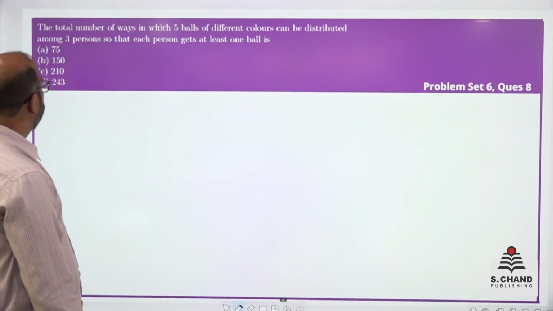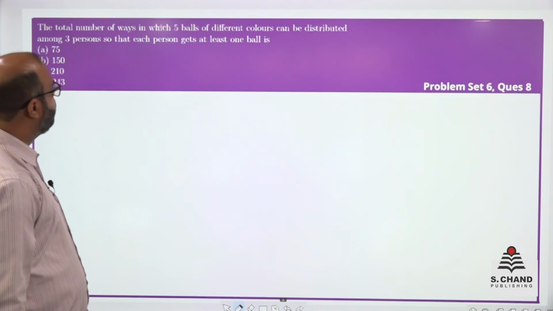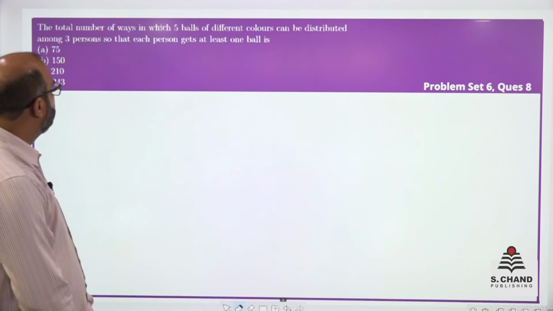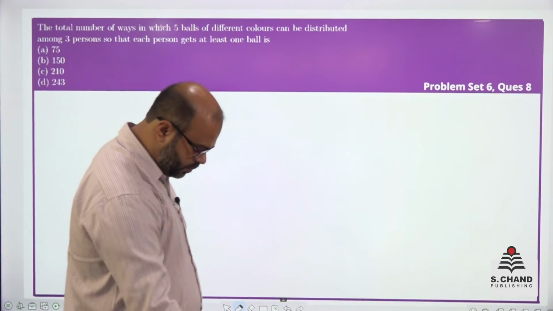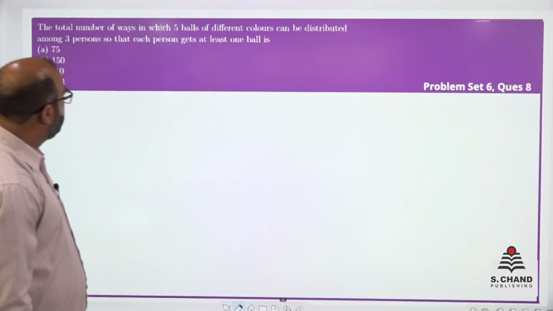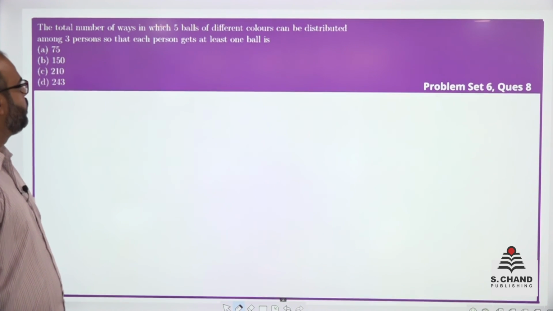Next question says, the total number of ways in which 5 balls of different colors can be distributed among 3 persons so that each person gets at least 1 ball is.